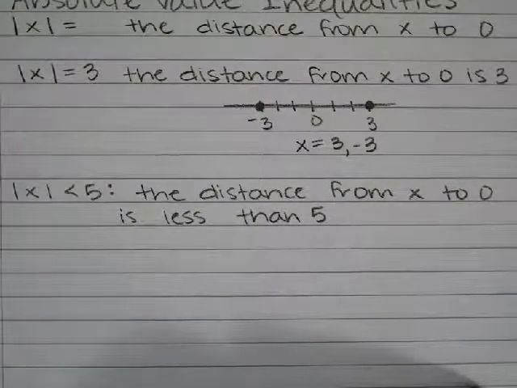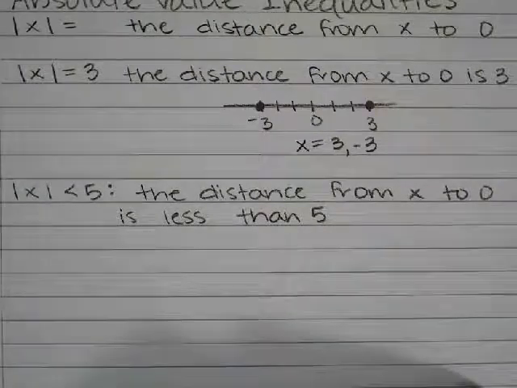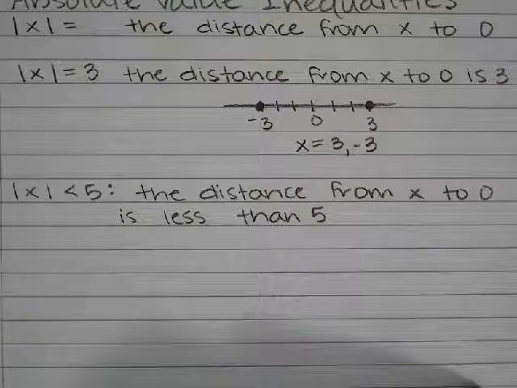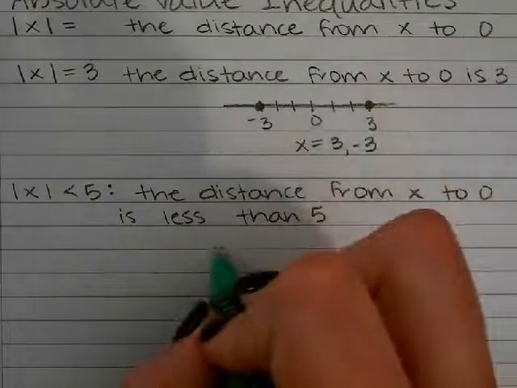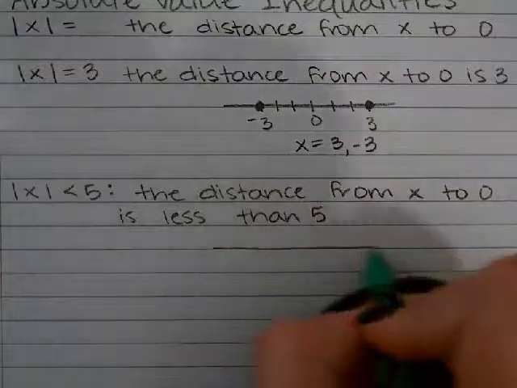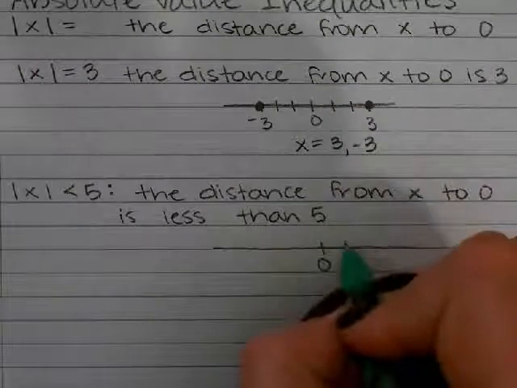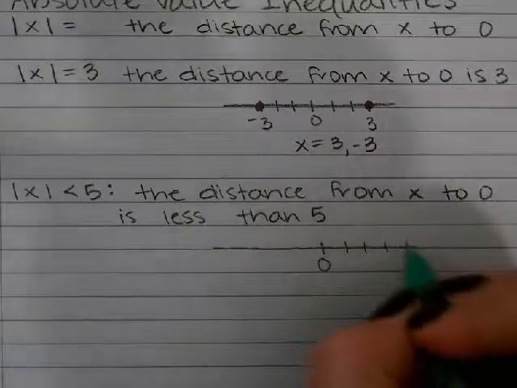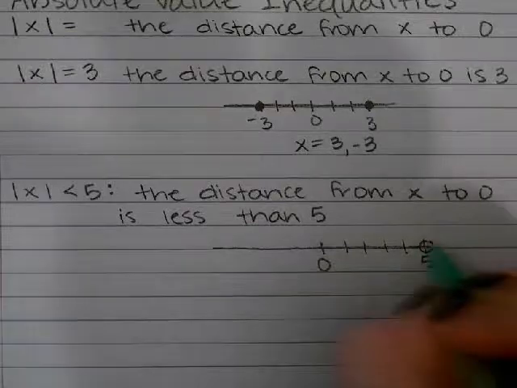Yeah. So how many answers would I have? Infinitely many answers. So I'd have 0. And then I'd say 1, 2, 3, 4, 5. But I would not include the 5. And all of this would be considered a solution, right? Infinitely many solutions in here.